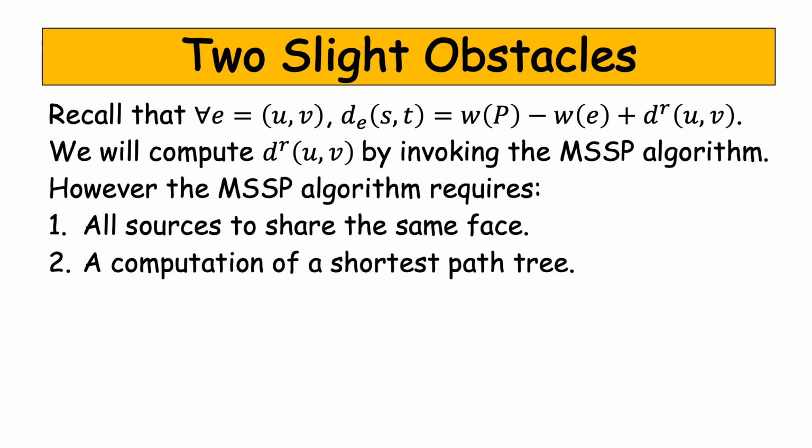Now recall that the graph G, we assume that it doesn't contain negative weights, yet the graph GR does contain negative weights because we have created those negative weights in the path PR. So a naive computation of a shortest path tree in the graph GR with negative weights would be too time consuming, yet we will see how we can compute a shortest path tree in the graph GR in linear time for planar graphs.